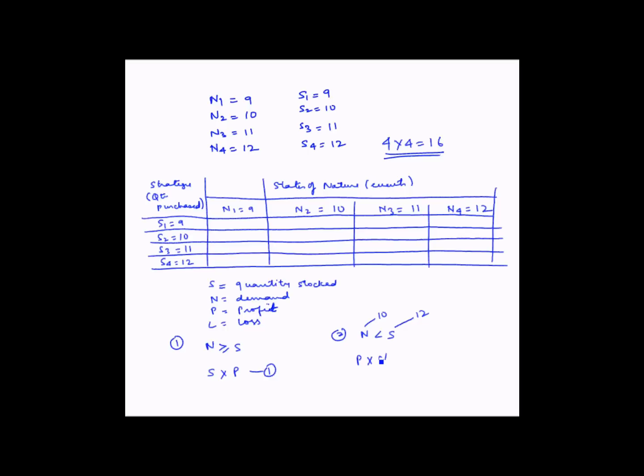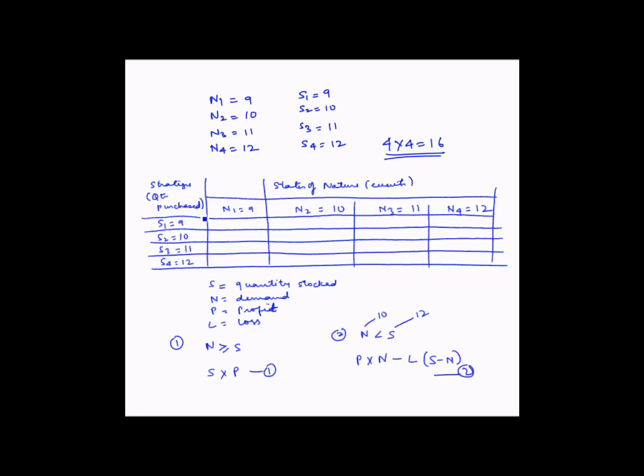So our loss becomes 12 minus 10, that is the amount that we are unable to sell, multiplied by the loss. So since we have designated loss as L, we'll put minus L multiplied by the differential, that is the number of magazines that we are unable to sell. So S minus N. So this is our second formula.